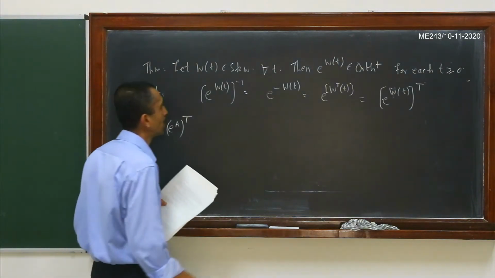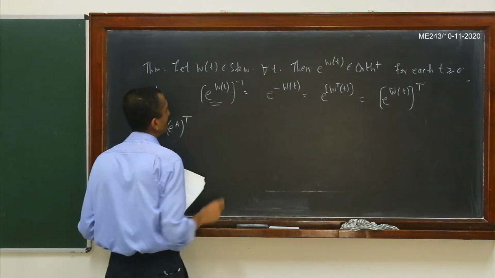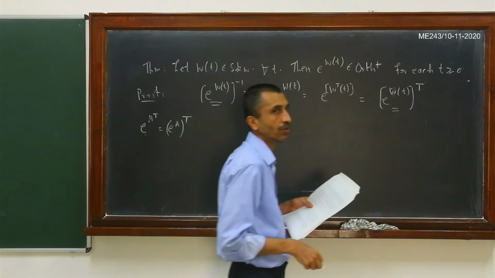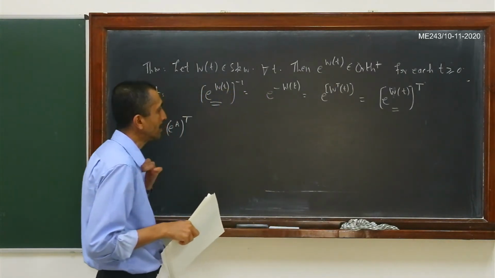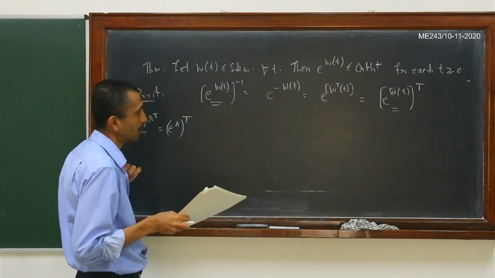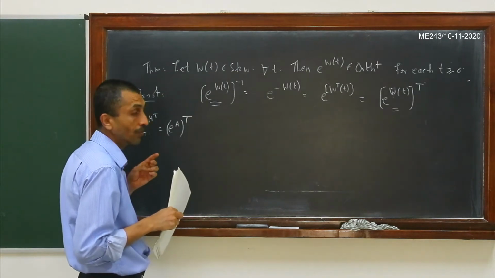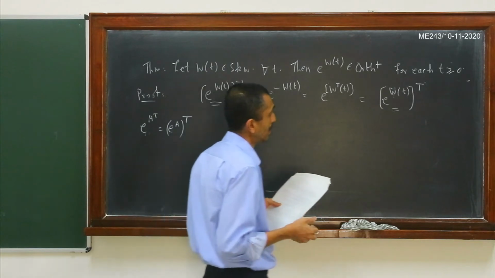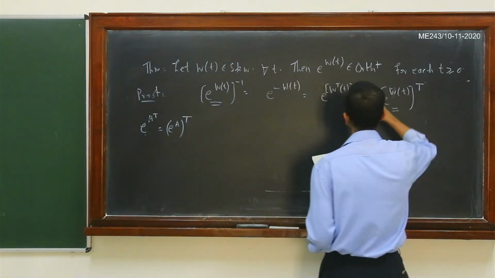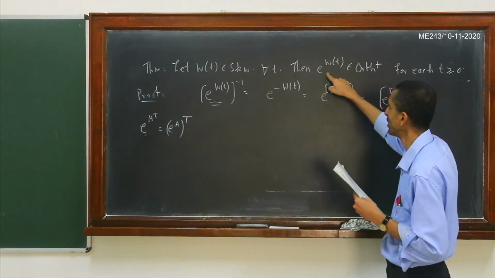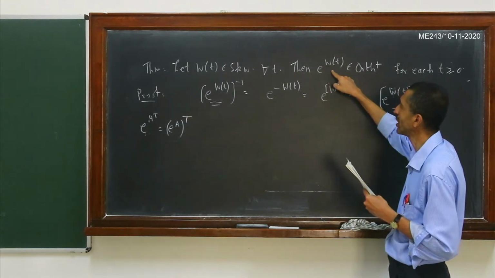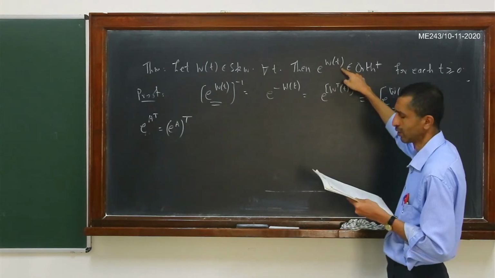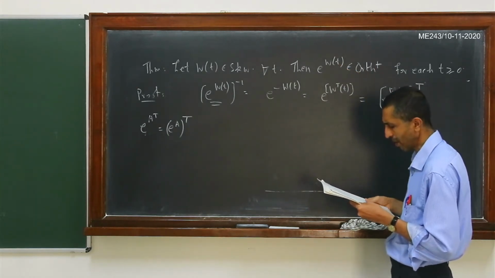So what we have shown is that the inverse of e to the w t is equal to the transpose of e to the w t. Hence, since the transpose is equal to the inverse, it's an orthogonal tensor. And in one previous class, we have seen that the determinant of e to the w t is e to the trace of w, which is e to the 0, which is equal to +1, and hence it's a proper orthogonal tensor.